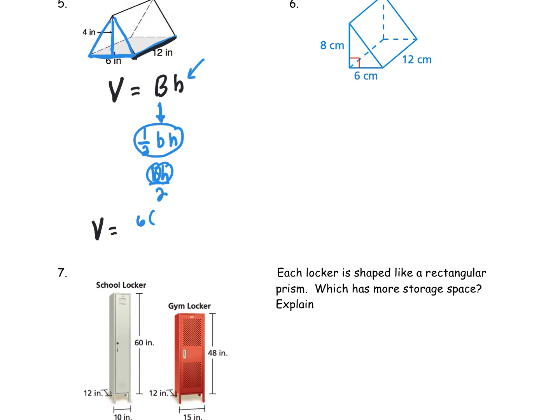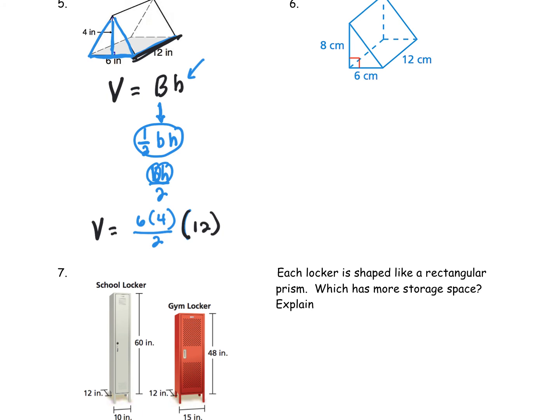All of this information is coming from the triangle, and we'd have to divide that in 2, and then we're going to multiply that times 12.